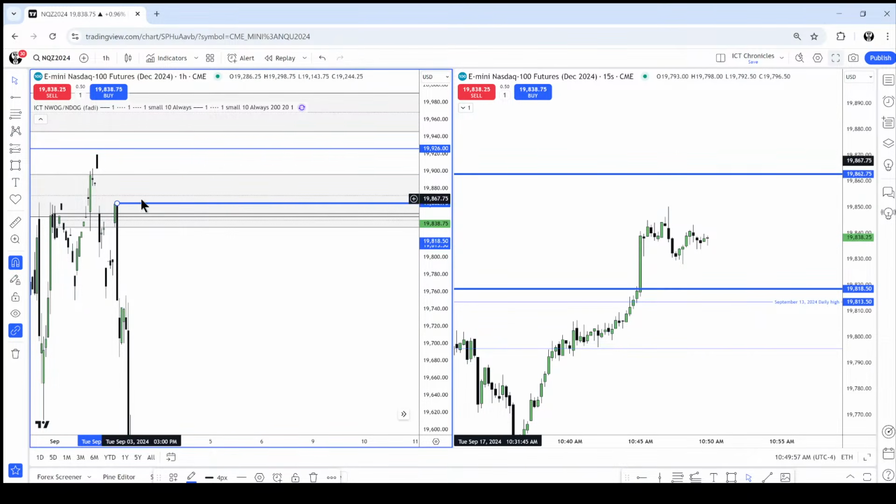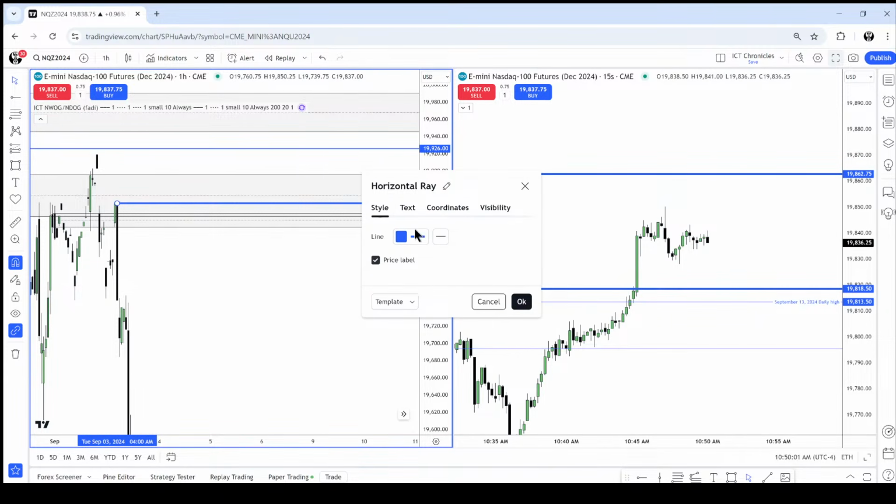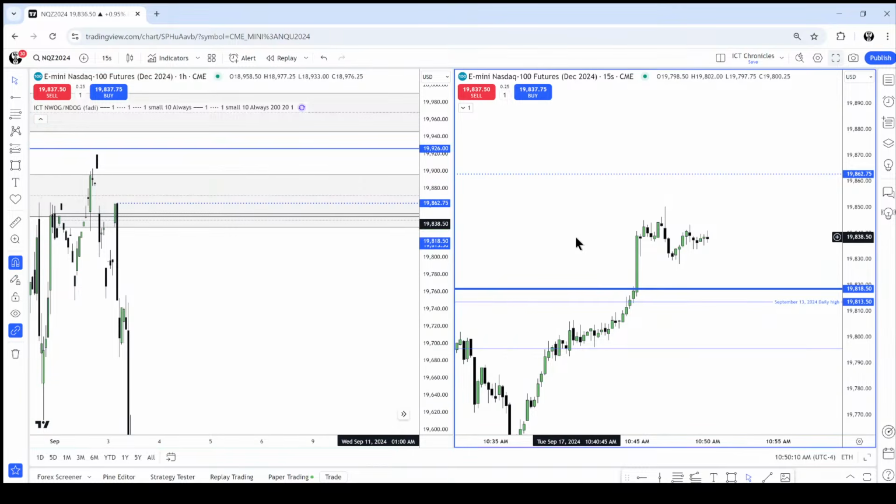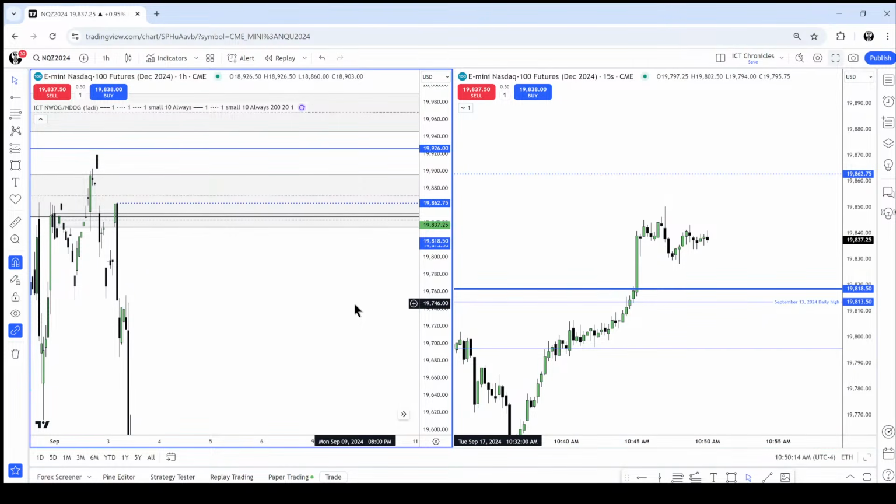So now that level, I'll change its style a little bit so that you can see it differently. All right, so there's another pool of liquidity, buy side, and it's framed on the hourly chart.